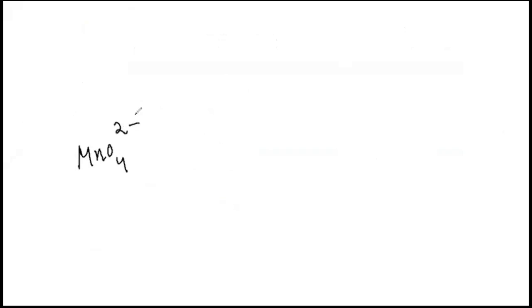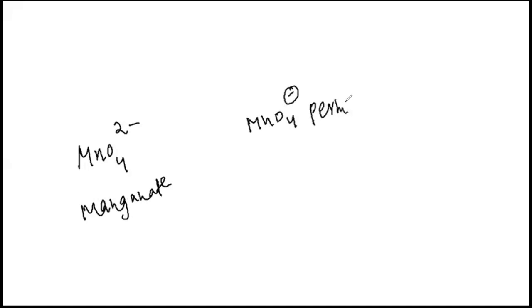MnO4 2 minus, that is manganate, whereas MnO4 minus is permanganate. Now both are going to show tetrahedral shape, and I said here we can see charge transfer.